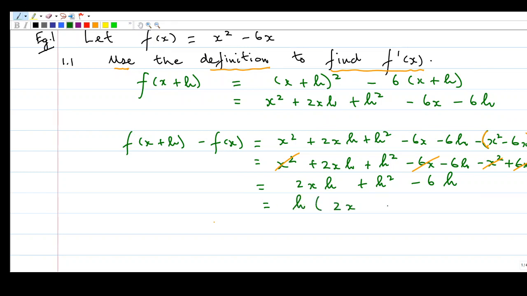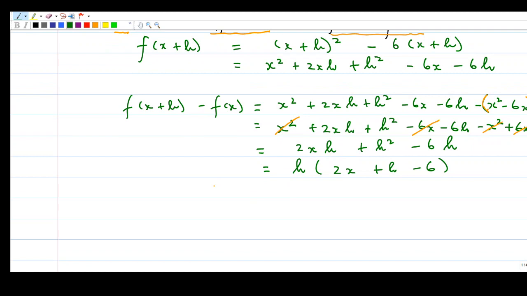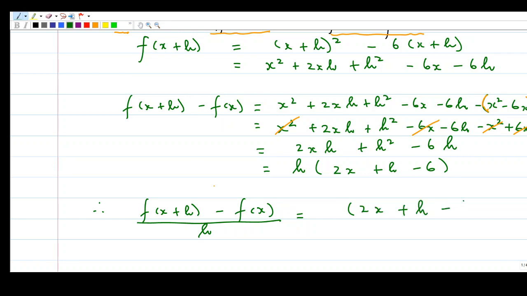So it's h times 2x plus h minus 6. Therefore, f of x plus h minus f of x all over h will equal, you can see the h will divide by the h in the denominator. So that gives us 2x plus h minus 6.